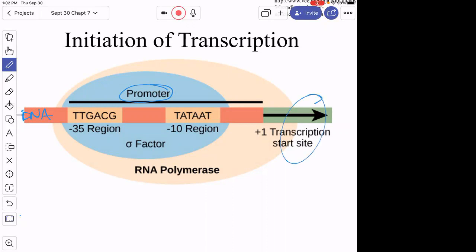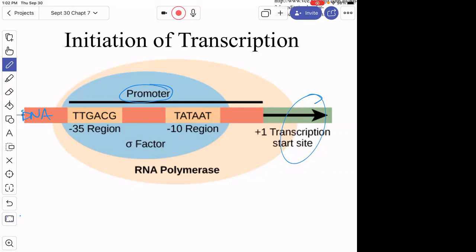And that's where the RNA polymerase needs to bind. And the more tightly the RNA polymerase binds to that promoter region, the more likely it's actually going to transcribe the gene. If it only attaches kind of loosely, then it might fall off and not actually transcribe. Now, sometimes maybe that's what the cell wants.